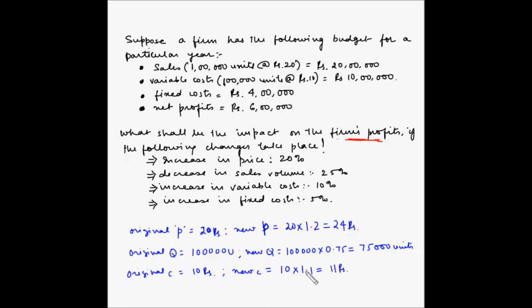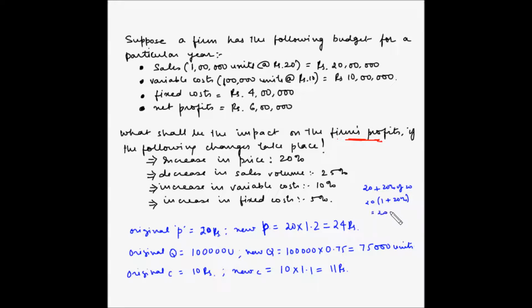Now why am I multiplying by 1.1 and 1.2? Because 1.2 was a 20% increase. So this becomes 20% increase on top of what it originally is. So that means 20 plus 20% of 20. So here you can take 20 common, 1 plus 20% of 20.